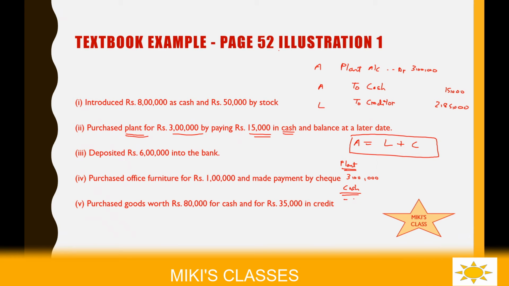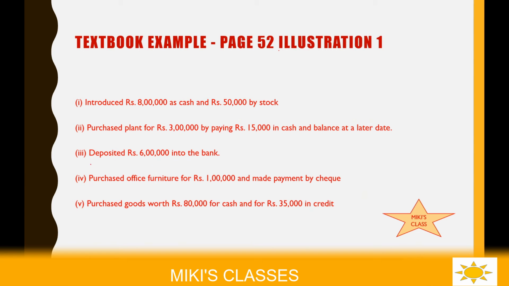So minus how much? 15,000. So the left hand side of the equation, 3 lakhs has come in, 15,000 has gone out. This will be 2,85,000. Let's check the right hand side. The liability has gone up by 2,85,000. This liability is there, right? So the left hand side has gone up by 2,85,000. The right hand side also has gone up by 2,85,000. So again, the accounting equation balances as it must.